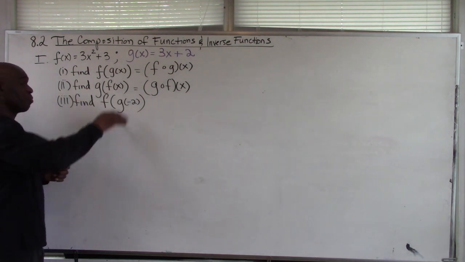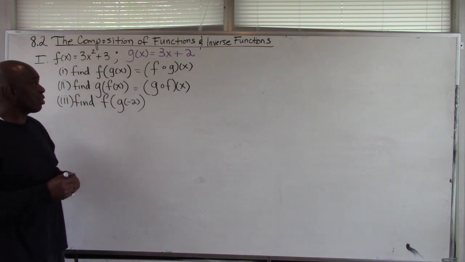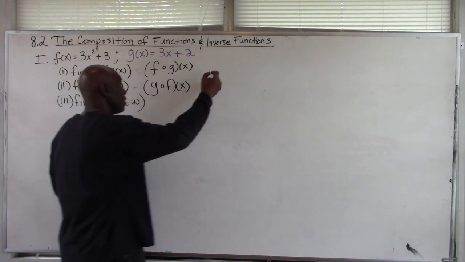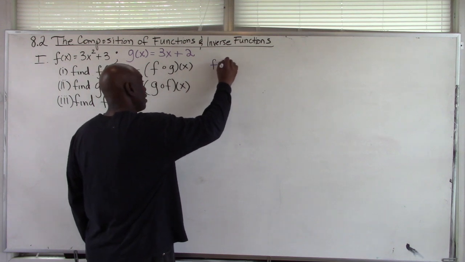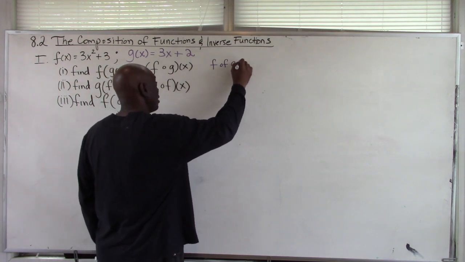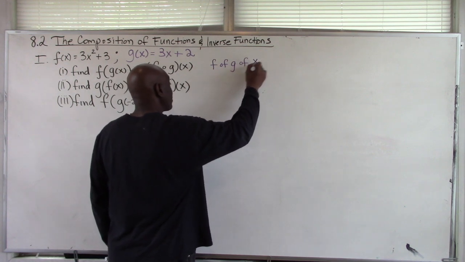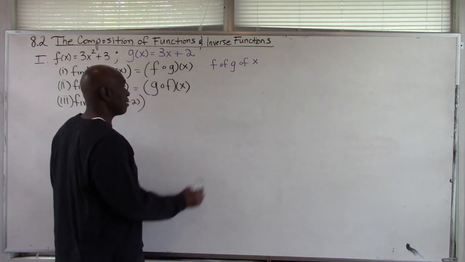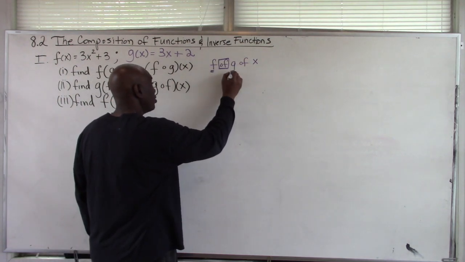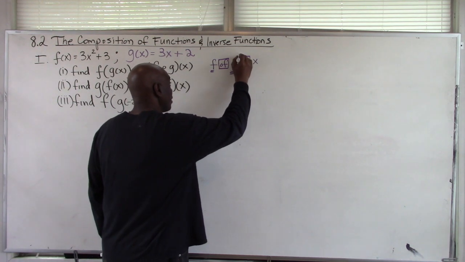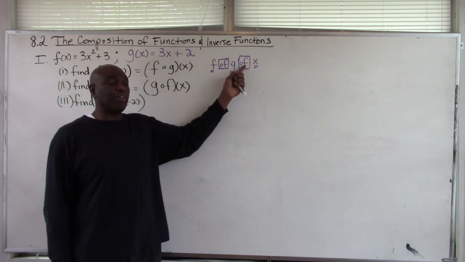So now how do you express all of this? What does this mean? The way to say the first one is f of g of x.